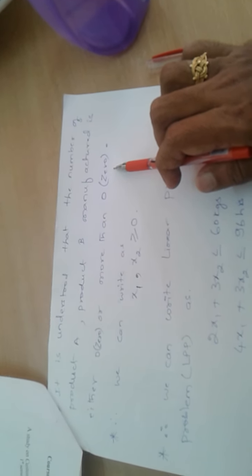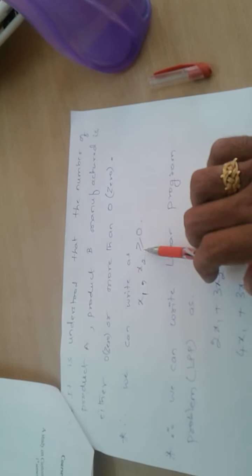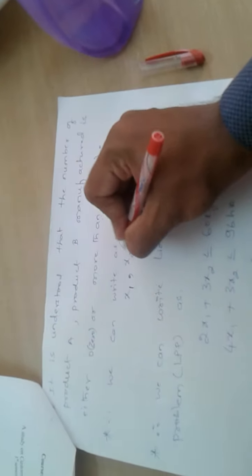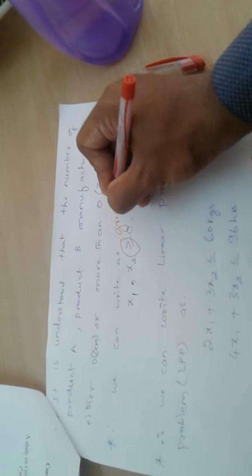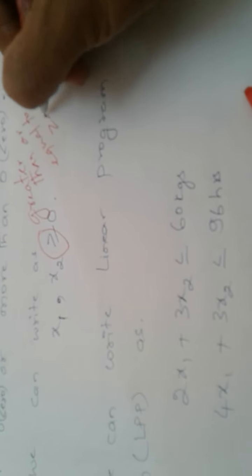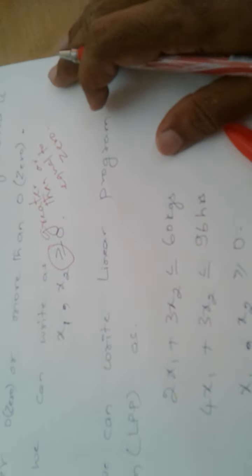It cannot be less than 0. So we can write x1, x2 greater than or equal to 0. So this particular third equation we can write, and this is called the third equation.